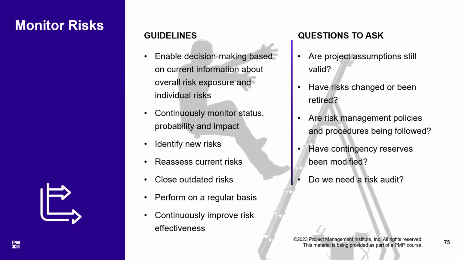Second question, have risks changed or been retired? Like I said, if we keep reassessing the current risks and their status changes, we will report that. And if a risk did not occur, it must be outdated, so we must close them down. Third question, are risk management policies and procedures being followed?